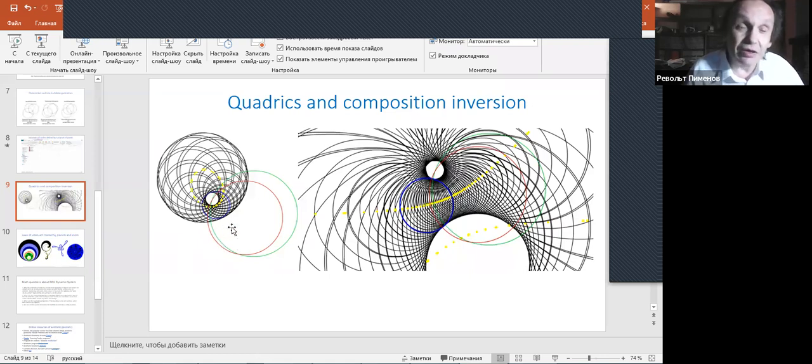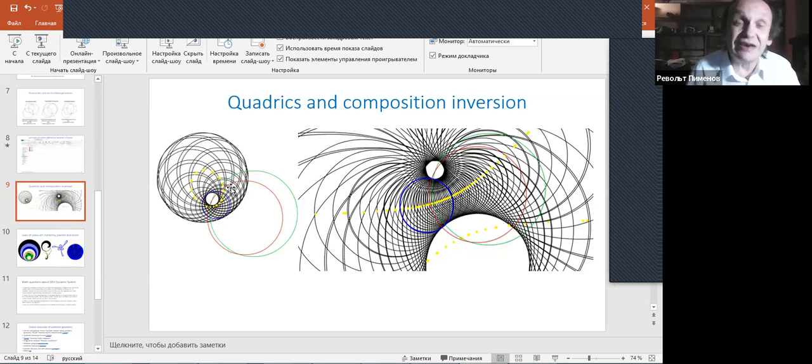And I look at the moving centers of these gray circles. It is an easy theorem that the center of a gray circle will move along ellipses or hyperbolas or other conic sections. It is a very easy way of building conic sections.